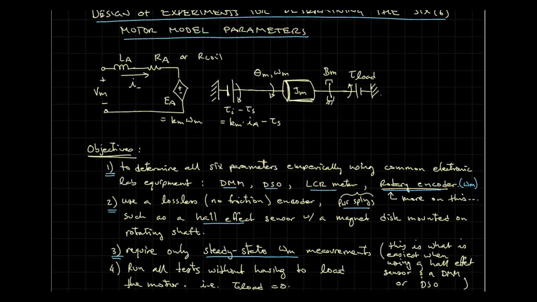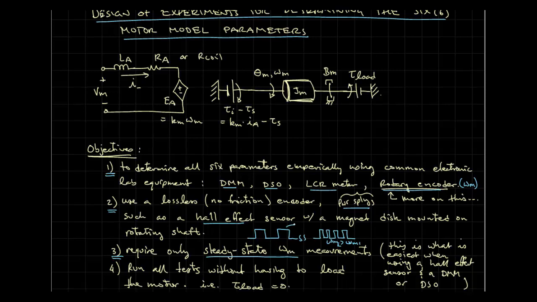To make this measurement, you need some kind of equipment that is able to measure the period between pulses. So if I have a pulse like this initially, and then later on we have pulses that are much closer together, then this tells us that omega m2 is greater than omega m1.